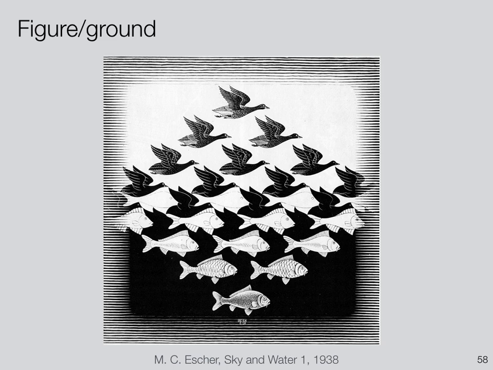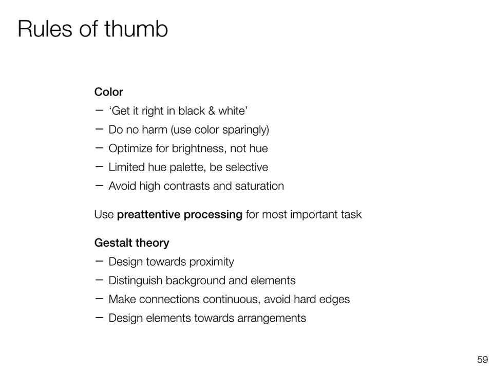Okay, so now all of this can be summarized with a few rules of thumb for the design and also interpretation of information visualizations. I think a really good rule of thumb is get it right in black and white. When you're creating visualizations and you're using color, it should still work, even if people may not perceive the exact hue.